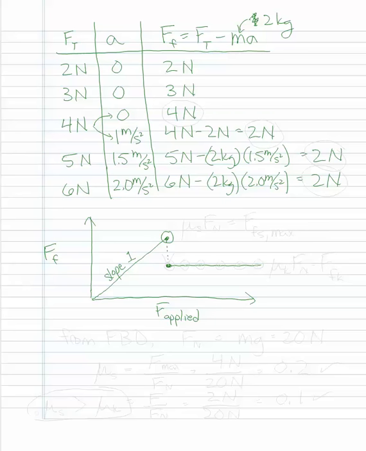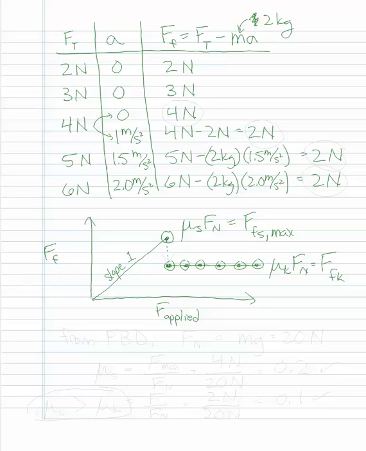And we said that this point right here is proportional to the normal force, and all of these points here is mu k times the normal force. So static friction has a maximum, and kinetic friction stays constant.